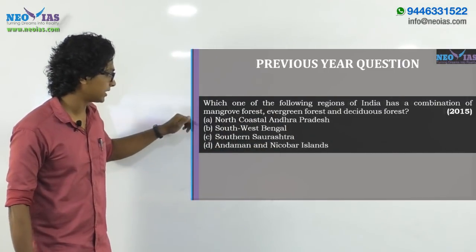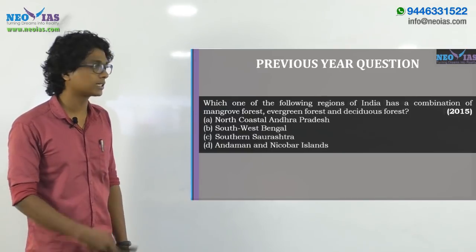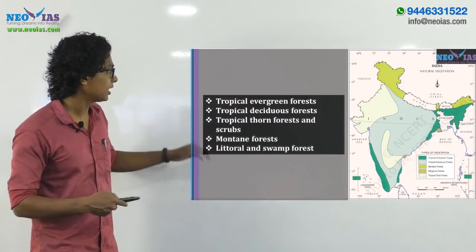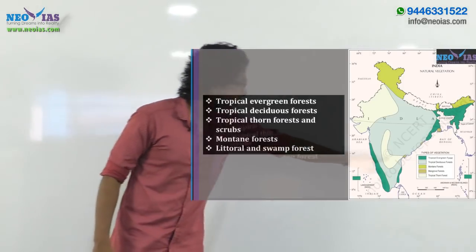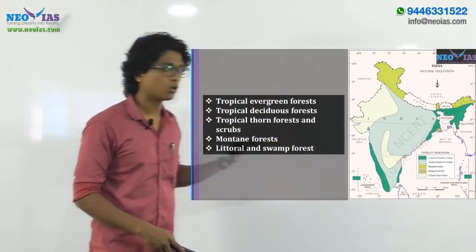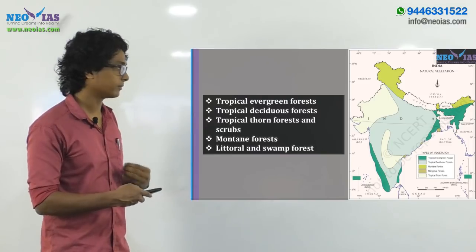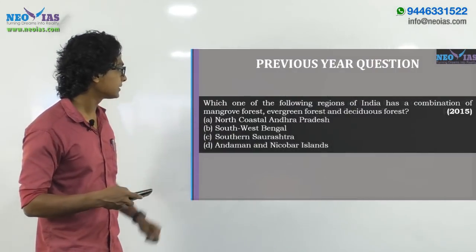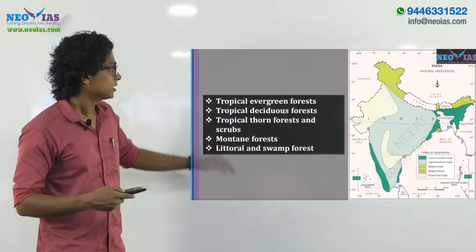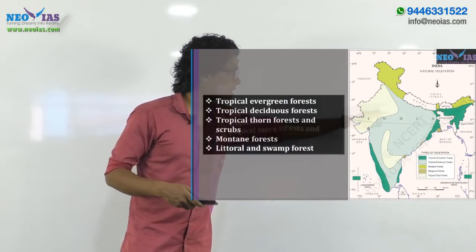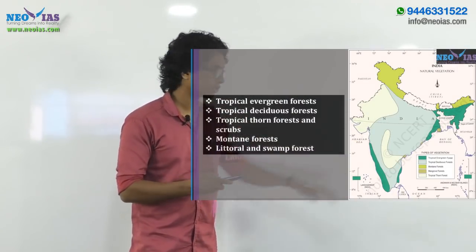So the given options, first one, north coastal Andhra Pradesh, right? Somewhere here, and there we are not having a combination of these vegetations, rather we are having deciduous forest there, right? And the southwest Bengal, we are not having the combination of these three forests.